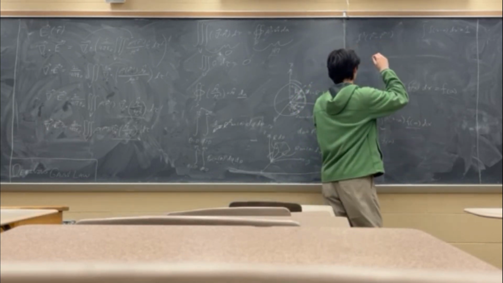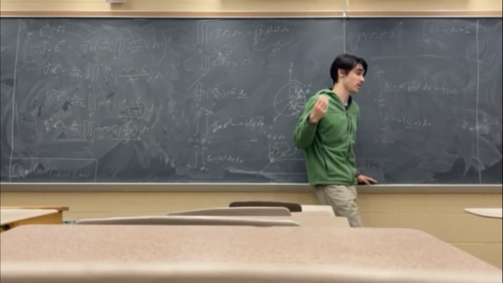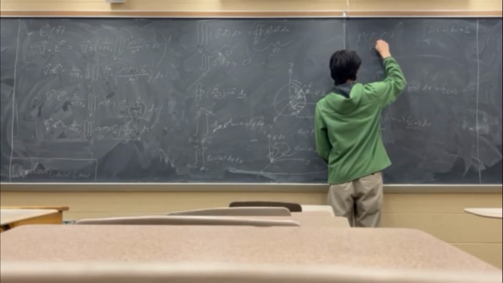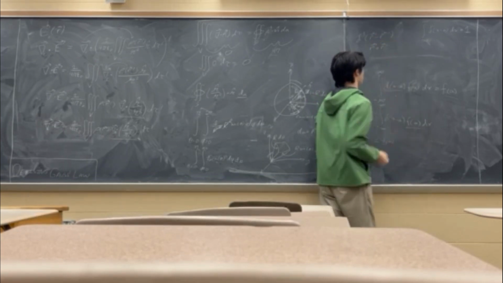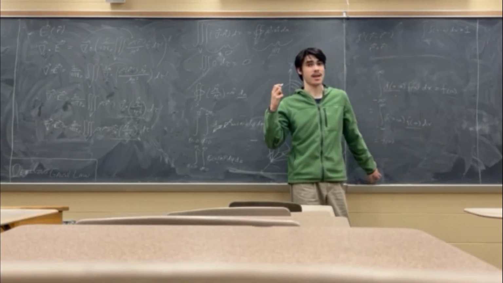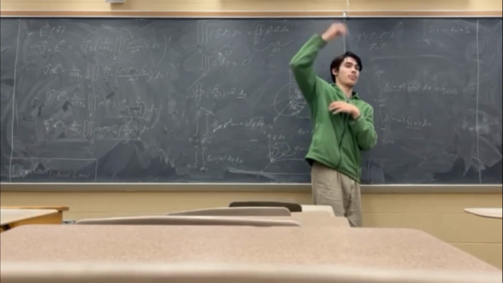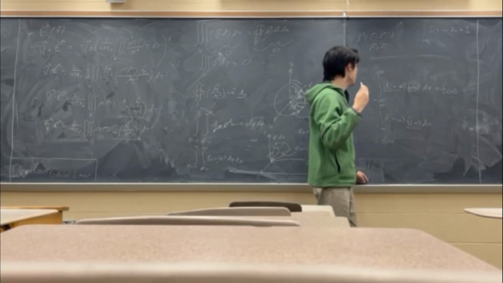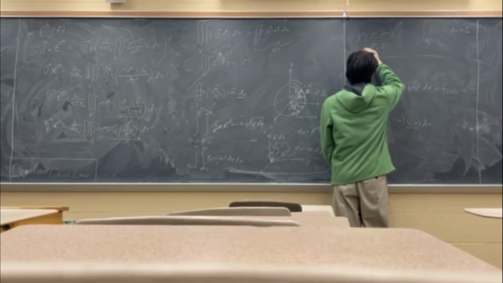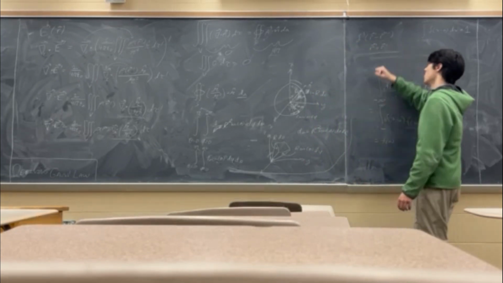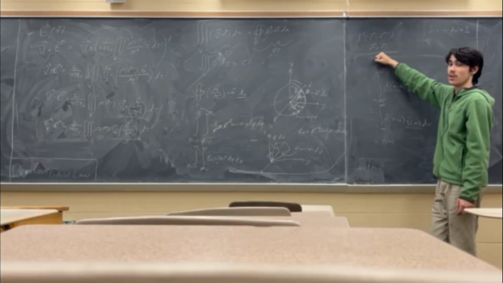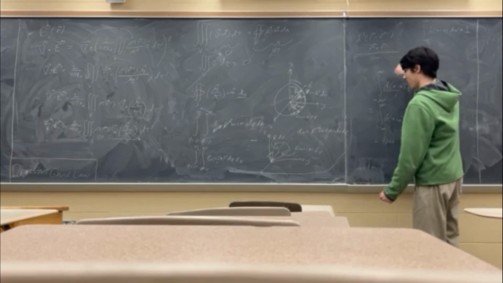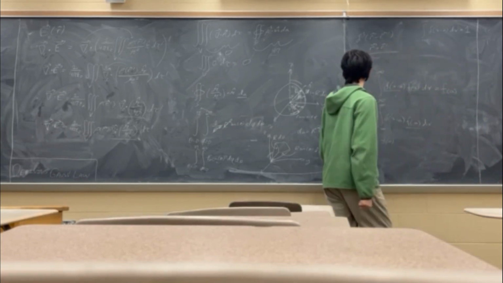What this is going to do is evaluate to 0 everywhere, except where r is equal to r prime. And at that exact position, it's going to spike to infinity. And any integral that includes this range is just going to pick out the function at that value.